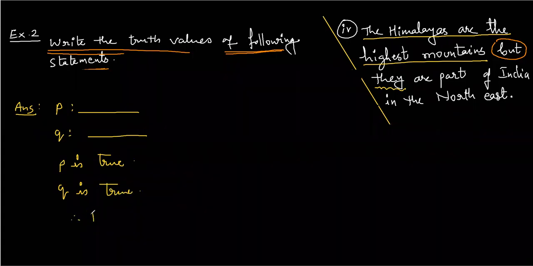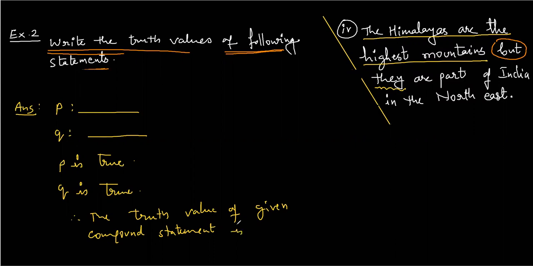Now both are true. Therefore, the truth value of the given compound statement is true and true. Remember, but is what? And. True and true. That is true conjunction true. And I know which is true.